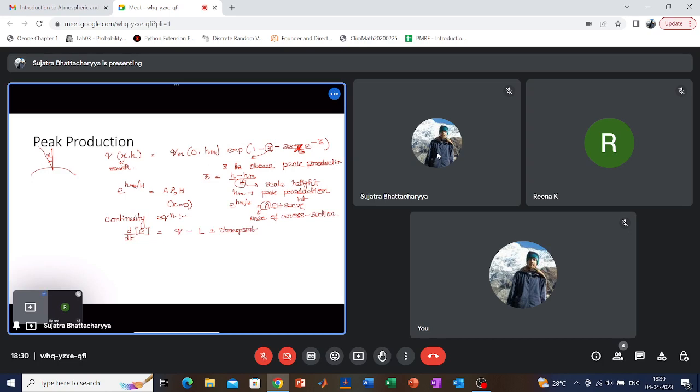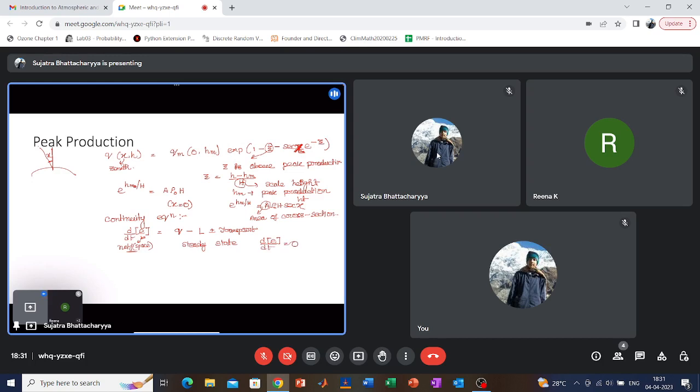Now if we consider the steady state in the atmosphere, the electron concentration is not a function of space. For steady state, dN/dt will be equal to 0. That is the equilibrium state: production will be balanced by the loss. Transport is negligible, let us consider.